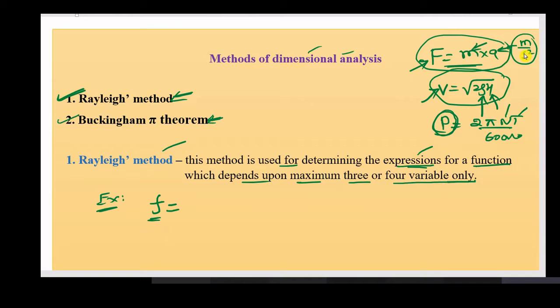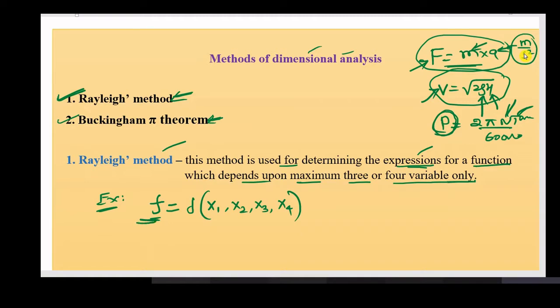This depends on speed, time, torque, etc. So instead of taking particular speed and torque, gh, mass into acceleration, I will take some terms: X1 is one variable, X2 is one variable, X3 is one variable, similarly X4 is one variable.